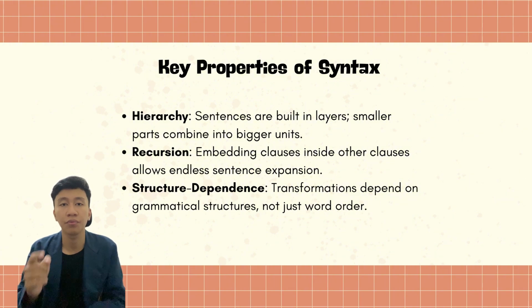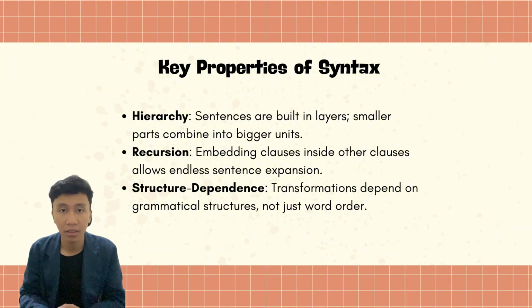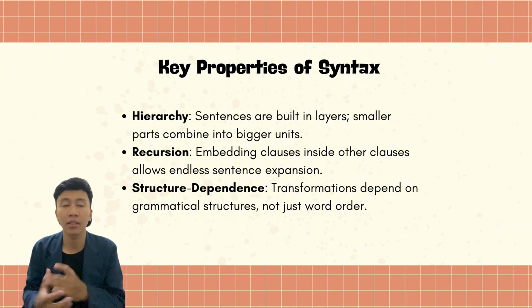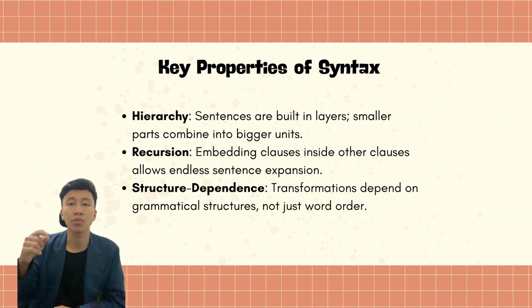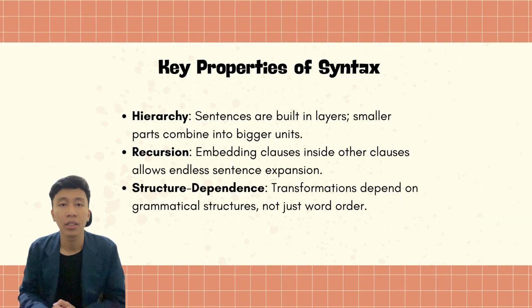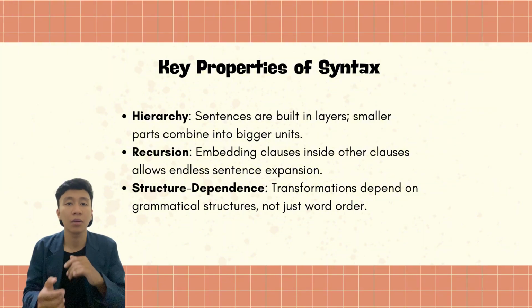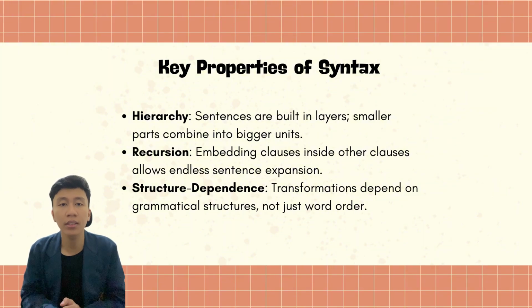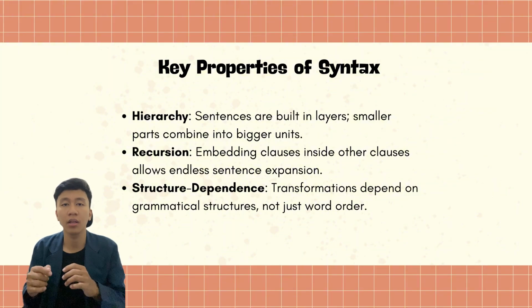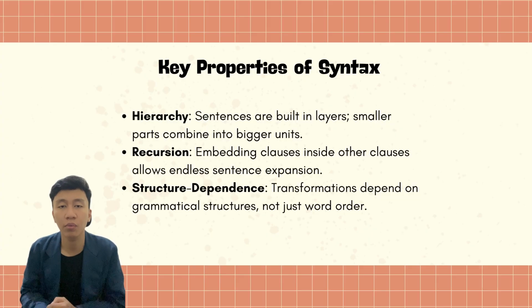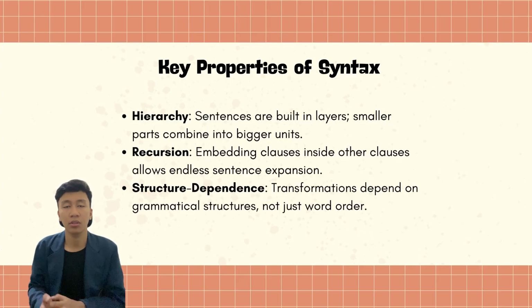For example, to form a question, "is the boy running?" we don't just move the first word, instead we move the auxiliary verb "is," respecting the underlying structure. If we try to just move words randomly, the sentence would be ungrammatical. This property shows that our brains understand language based on structure, not just sequence.